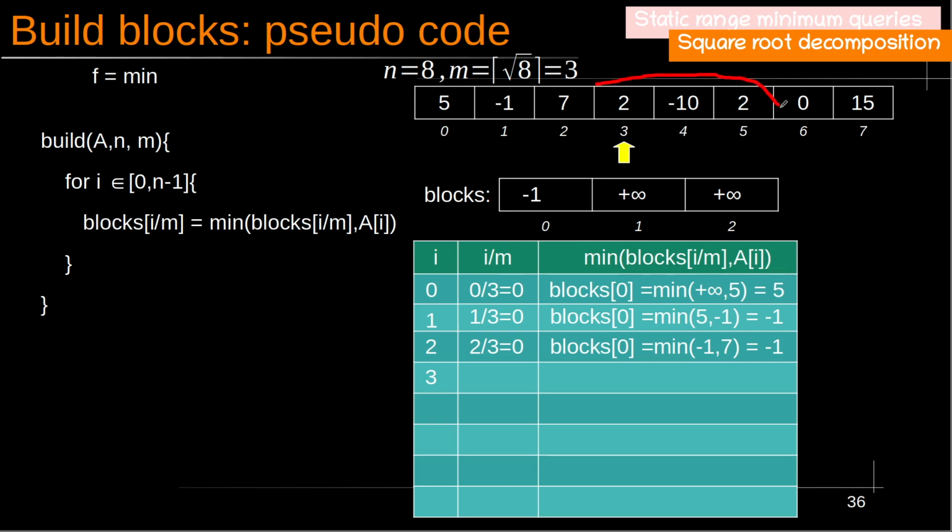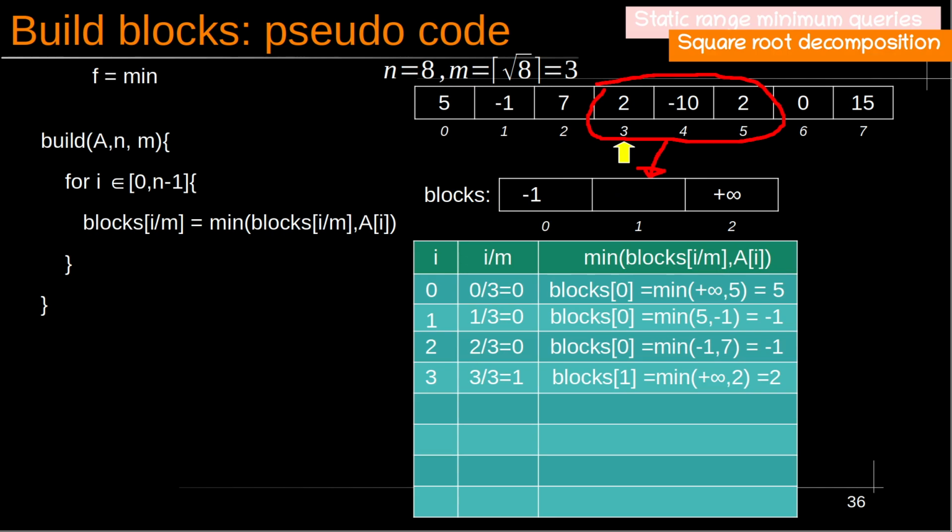So we have to store all the 3 elements in this block. So 3 over 3 is 1. So blocks of 1 is the minimum of the previous computation in index 1, which is plus infinity, initialized by plus infinity, and the new common value from the original array, which is A3, which is 2 here. So the minimum between plus infinity and 2 is 2.